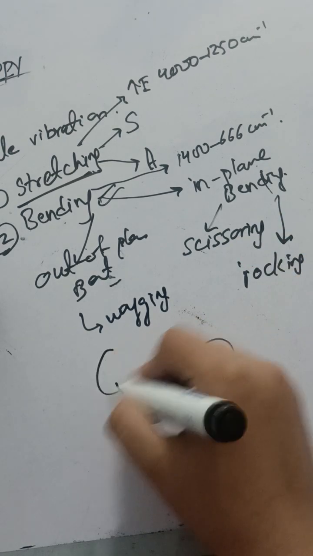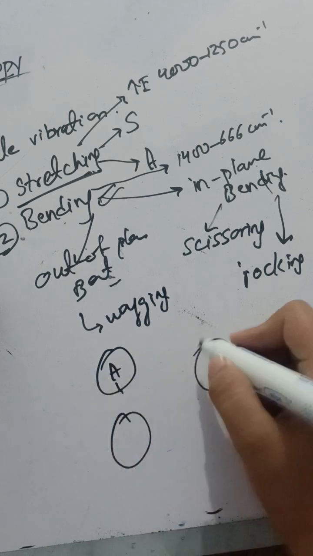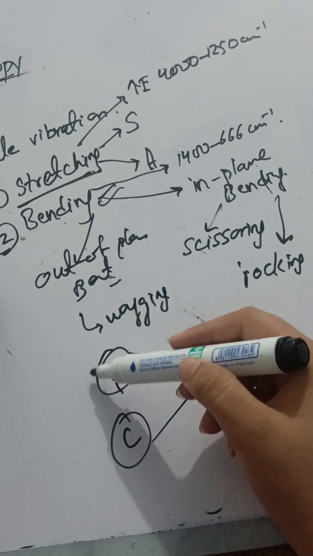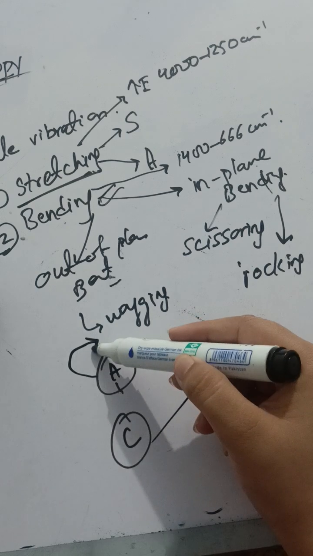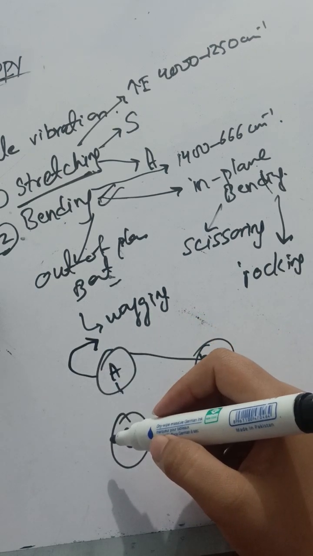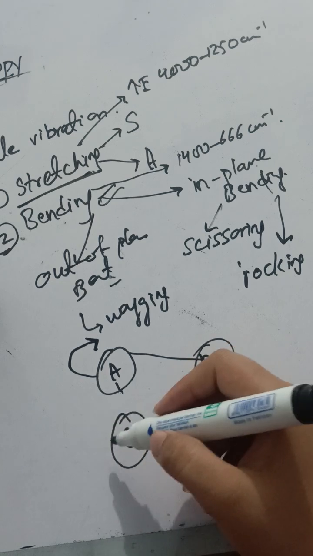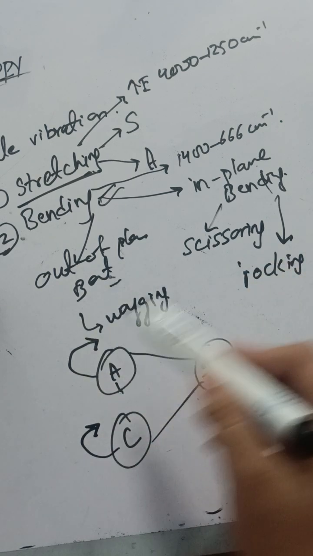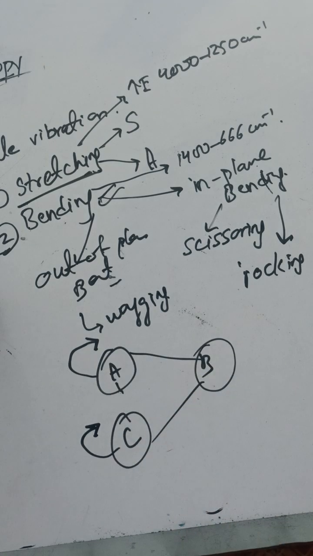For example, three atoms again here, A, B, and C. A will move upward, and C will also move in the opposite direction like that. Now the atoms move in the opposite direction and they are moving out of the plane.